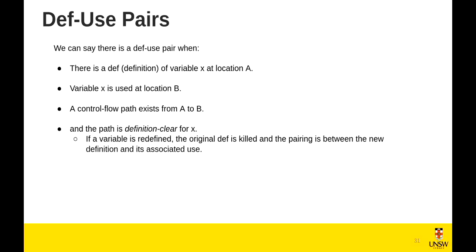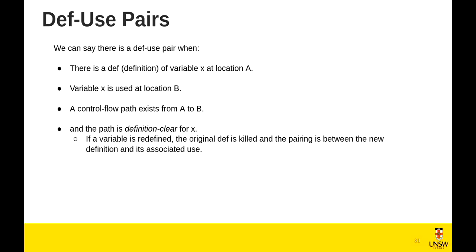And the second requirement is that, of course, because we have a def, we have to have a use. So this variable has to be used in another location. And note that the def and use must refer to the same variable. And then there is a control flow path that exists between the two locations.